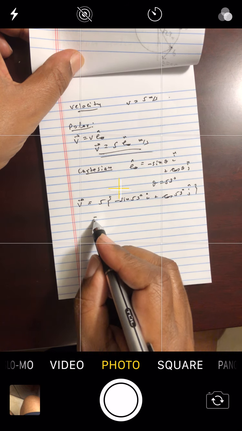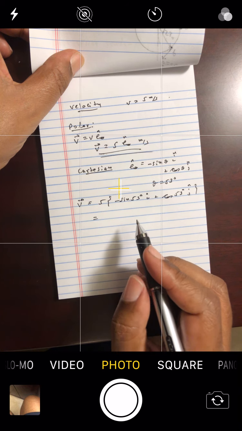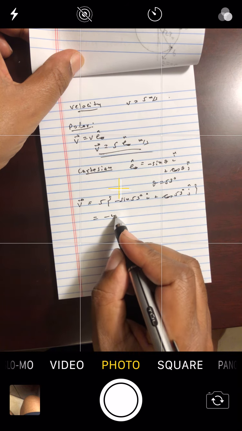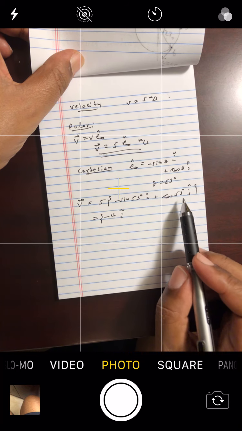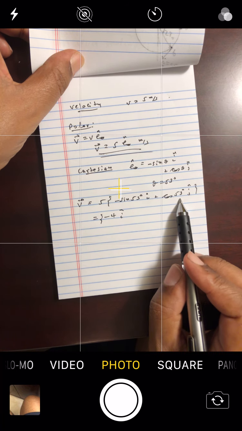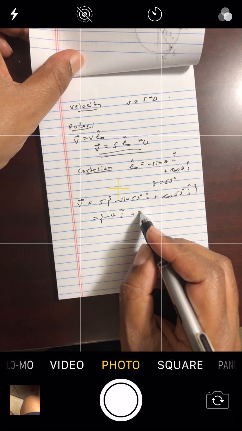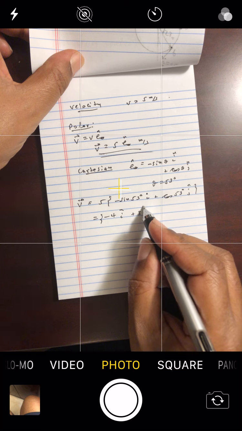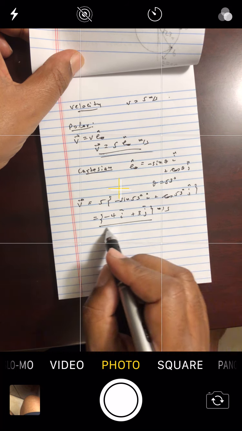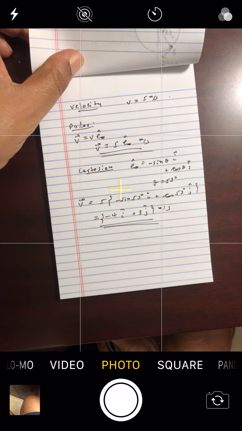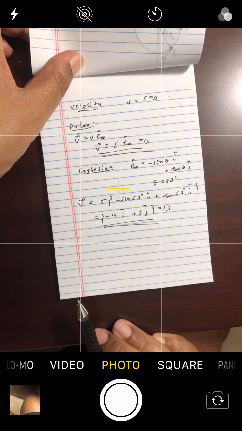Sine 53 is 0.8, so that's negative 4 in the i direction, and cosine 53 is 0.6, so it's plus 3 in the j direction, meters per second. This is the velocity in polar and the velocity in Cartesian.